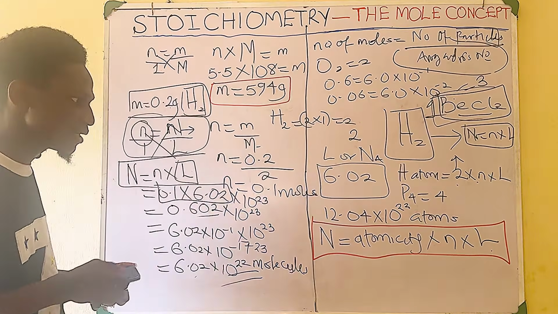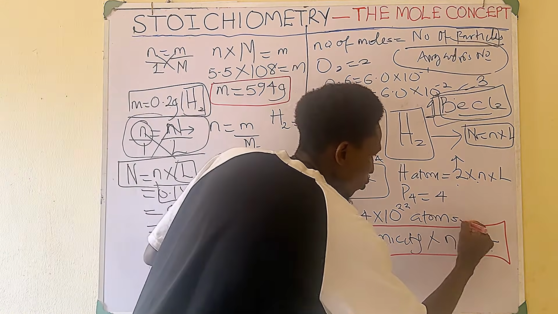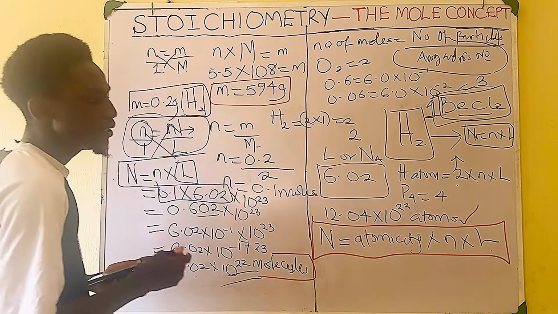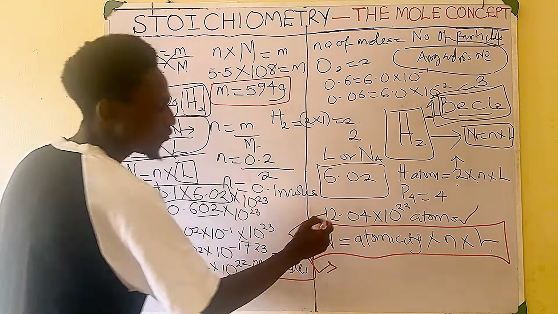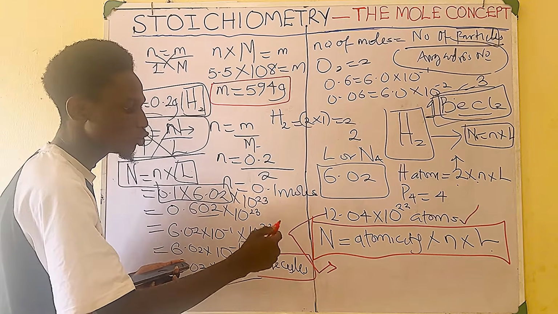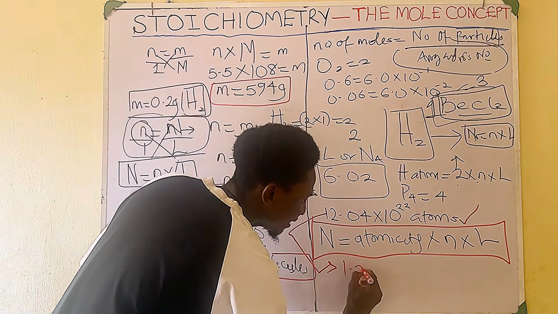So where's the answer again? This is the answer for the question we asked, atoms. This one is for molecule, the question I asked for molecule. Now, please take note that I can still convert this, because they may not leave the options like this. You're going to convert it, like I said previously, to index form.